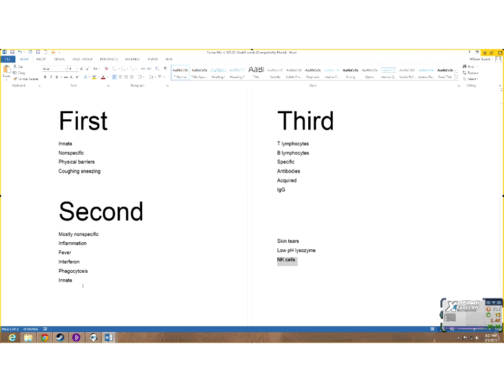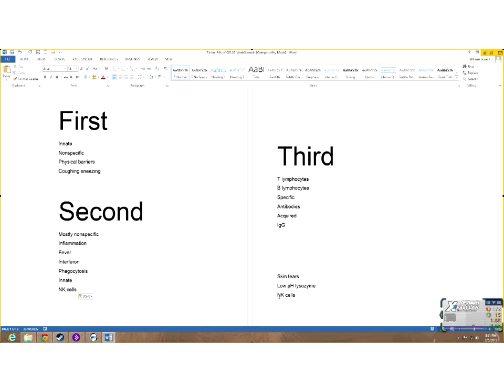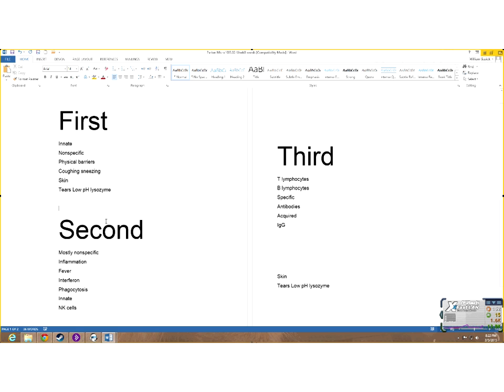And they're non-specific, so they belong in the second. That's correct. What about skin, tears, low pH, lungs? That's what it should be. Yeah, first. Tears as well, yeah. That's part of your physical barriers, the first line there.